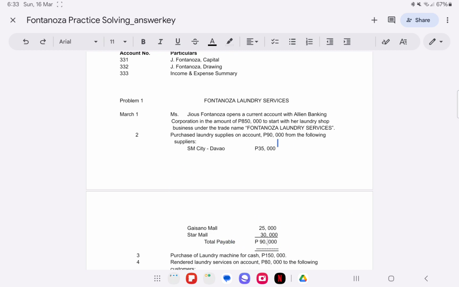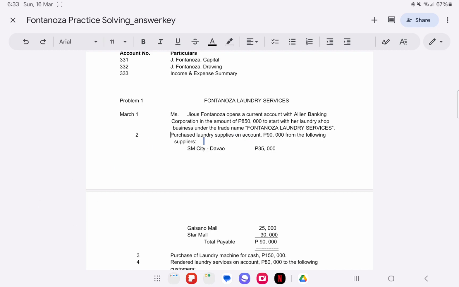When you analyze this transaction, we are done with the investment in the business of Jius Fontanoza amounting to 850,000. In transaction number 2, Jius Fontanoza would like to purchase laundry supplies on account, since she is going to start her laundry shop and needs laundry supplies.